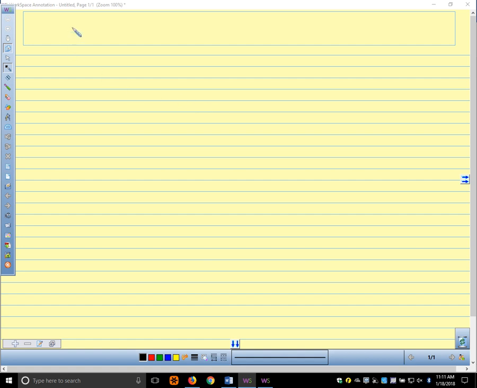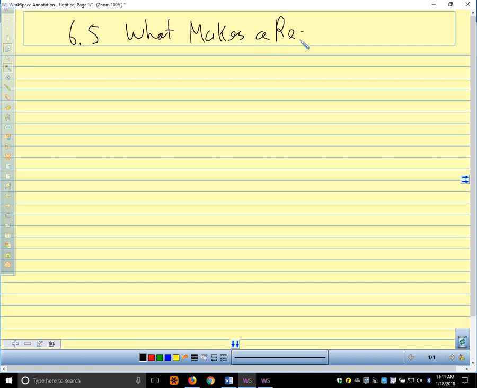So we're in section 6.5. What makes a rectangle or a rhombus?